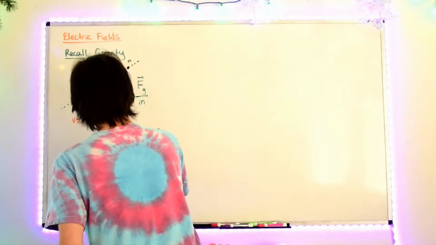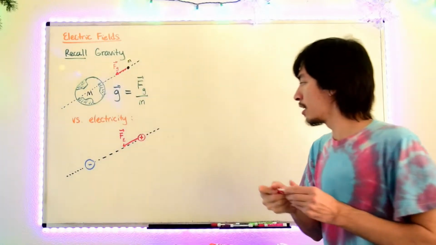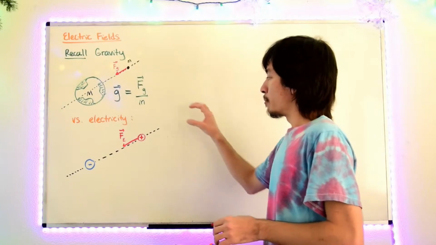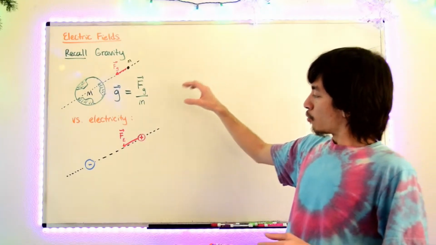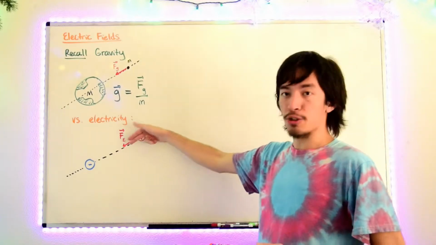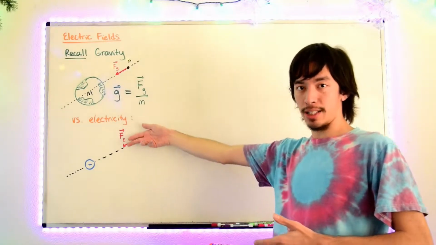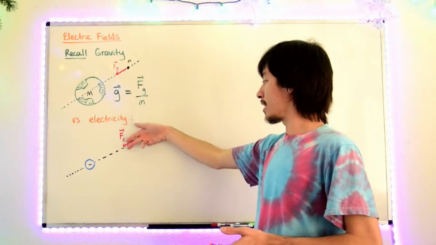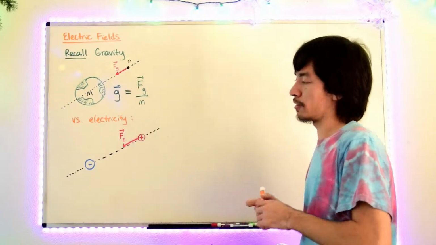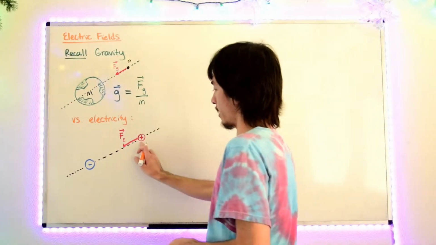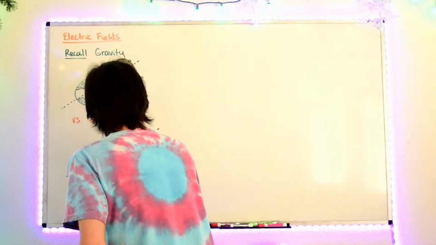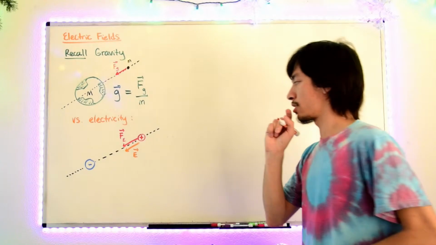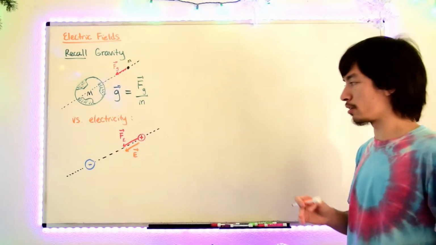Call this force Fe, the electric force. By the same ideas, whatever direction this electric force acts on a positive test charge is the definition of the direction of the electric field. In other words, at this location, the electric field would point along the direction of that force along that line. We call that E for the electric field.